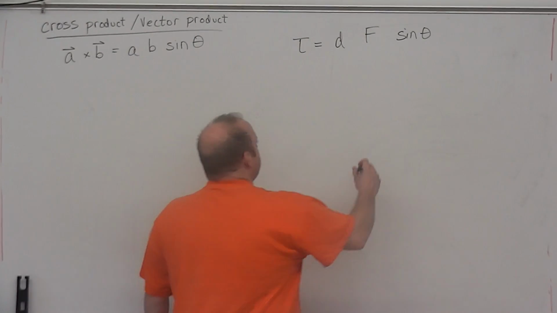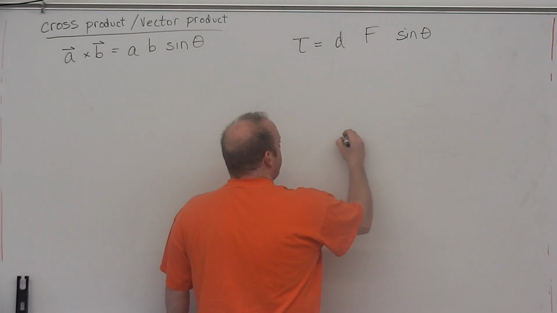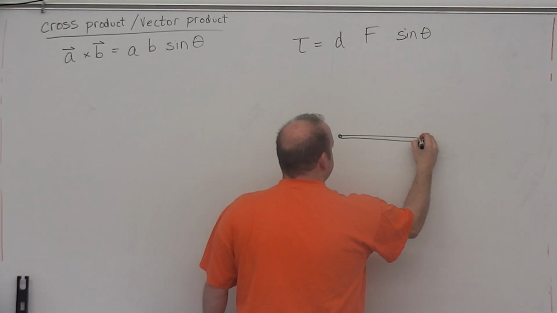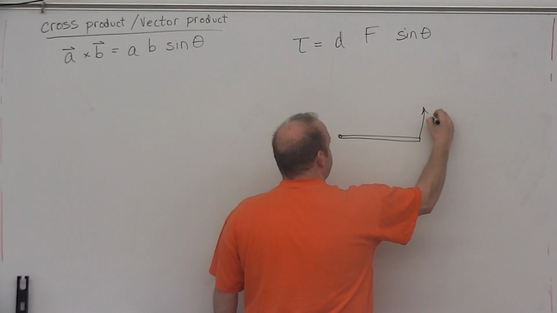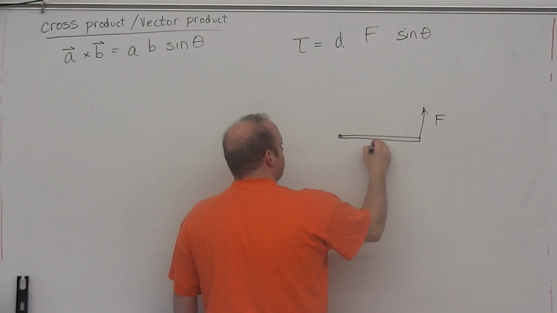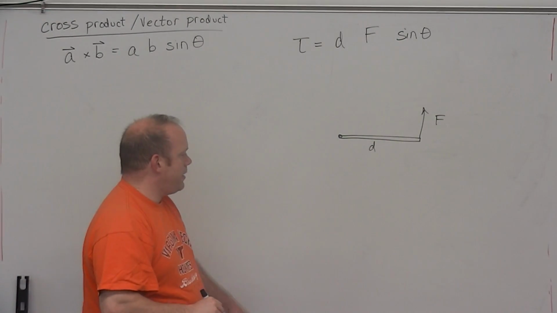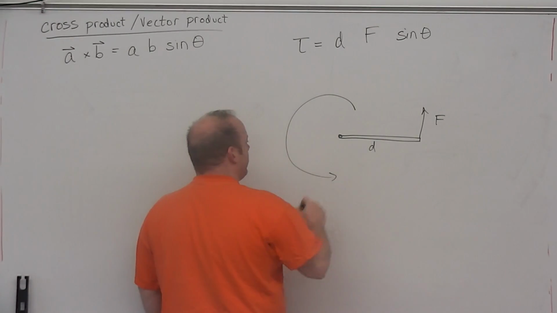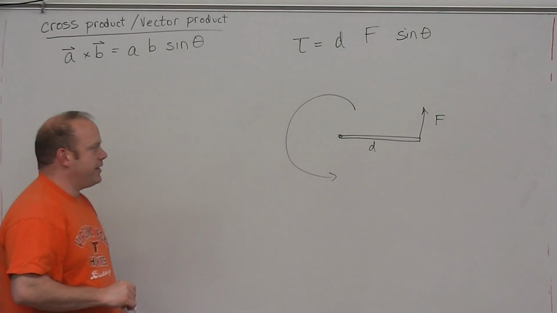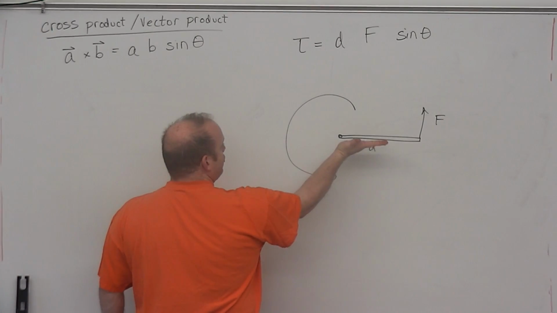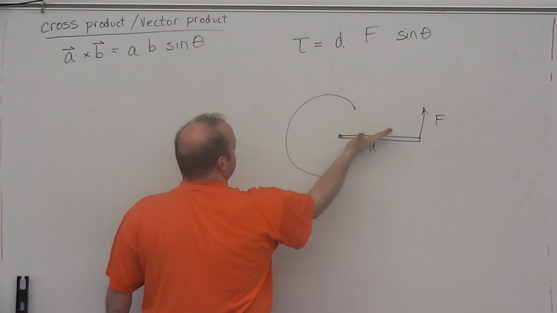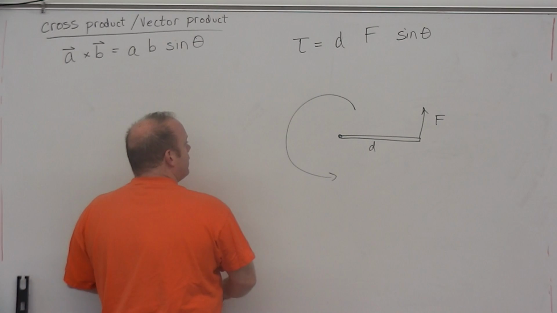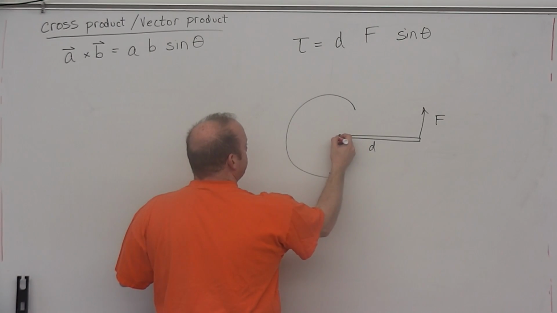So if I had something like this, where I had a fixed pin here with a long arm, and I applied a force in this direction. This would be my distance D. There's my force over here. This would start rotating about this direction. Now, the key is that this rotates, and we use a right-hand rule from E&M last year. It rolls about, and we've got the vector over which this rotates.